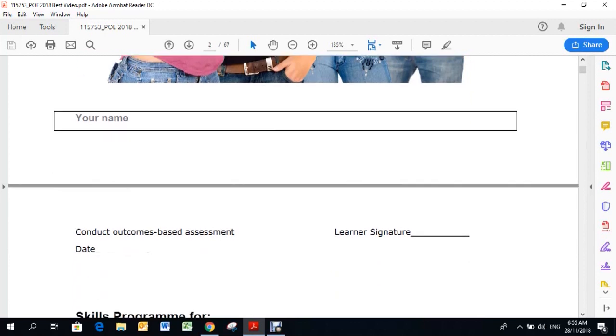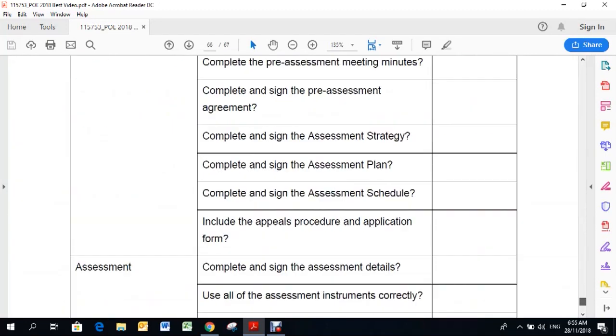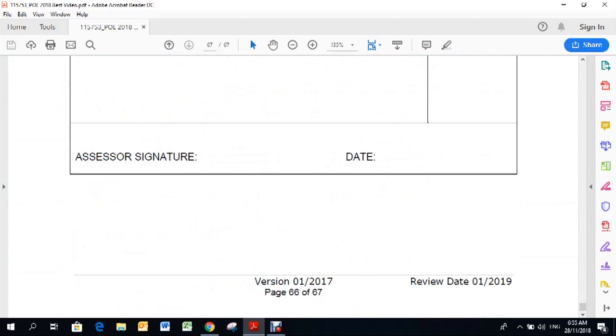You'll start noticing that on the second page, which is this one, there is signature and date. So you need to start writing that from that page. It runs until the end of the booklet.